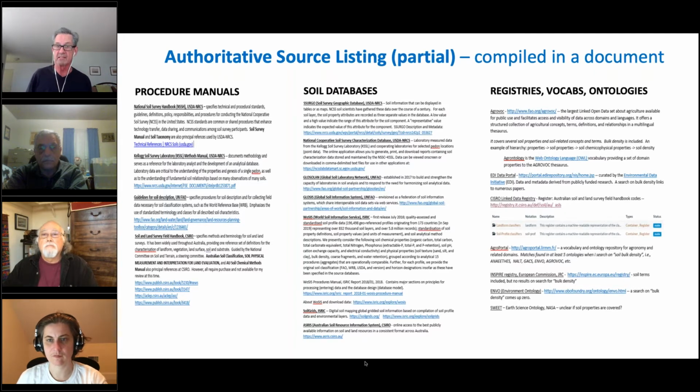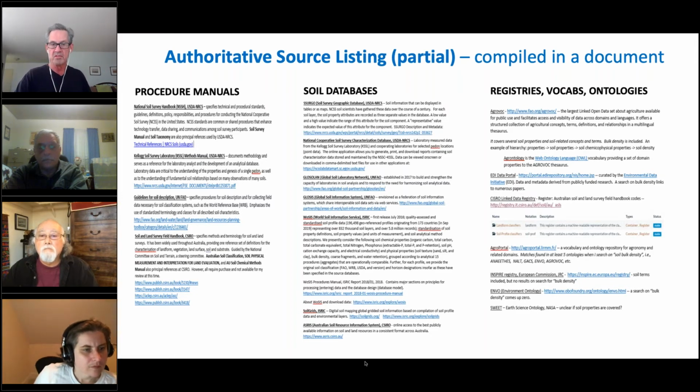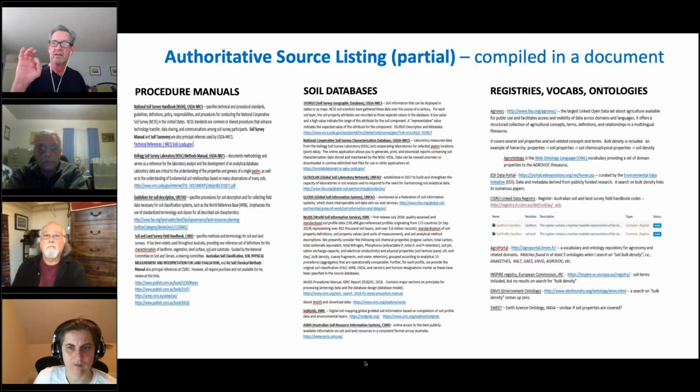And what I did is just link all those web sources to the authoritative sources in a document. I think there are about 3 or 4 documents I put on the Google Drive, which are there now, and hopefully will be useful to people. So this is an example: the listings of all the procedure manuals with FAO, NRCS, CSIRO, et cetera. Next slide.